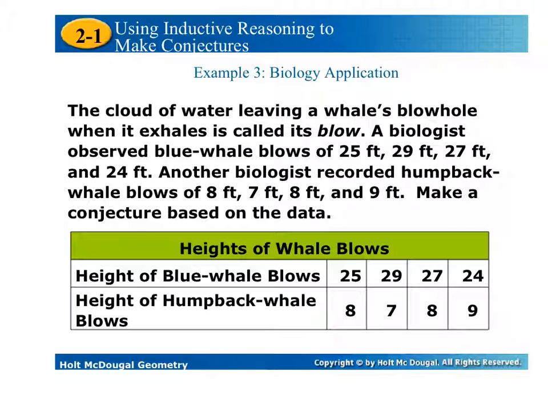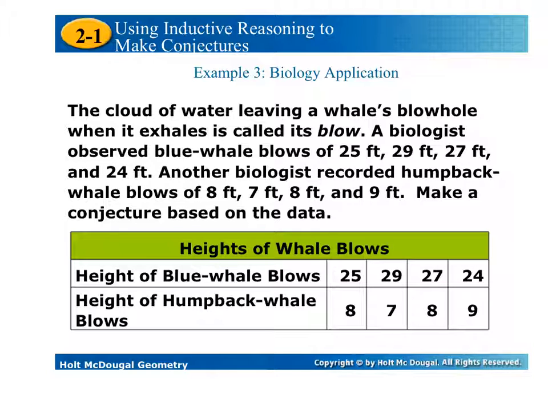The cloud of water leaving a whale's blowhole when it exhales is called its blow. A biologist observed blue whales' blows of 25 feet, 29 feet, 27 feet, and 24 feet. Another biologist recorded humpback whales' blows of 8 feet, 7 feet, 8 feet, and 9 feet. Make a conjecture based on the data.